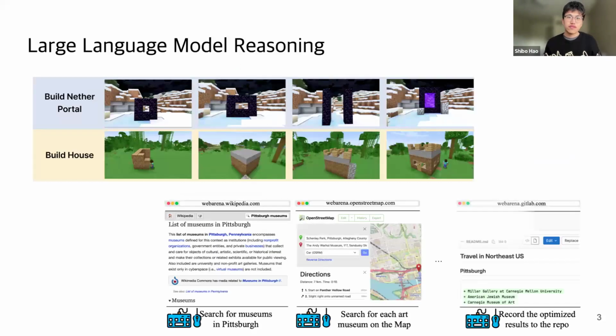We have also seen many interesting applications of LLMs, such as playing Minecraft or surfing the internet as a web agent. All of these are based on the improved reasoning abilities of modern LLMs, so that they can solve these complex and typically long-range problems.